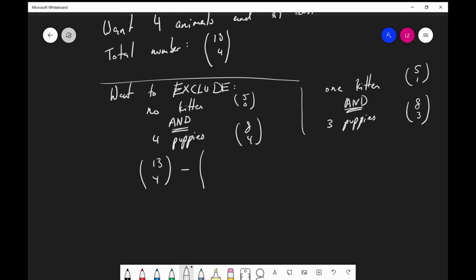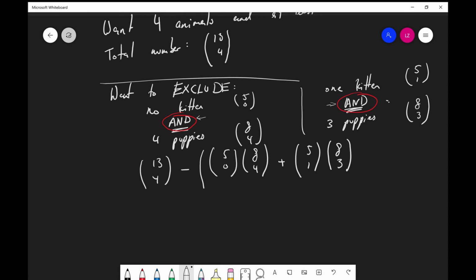Also remember to apply the product principle in both cases. Let me circle in red. What this would mean is that 5 choose 0 will then multiply 8 choose 4 because that's the first scenario, plus the second scenario is 5 choose 1. Remember and, so we have to multiply 8 choose 3.